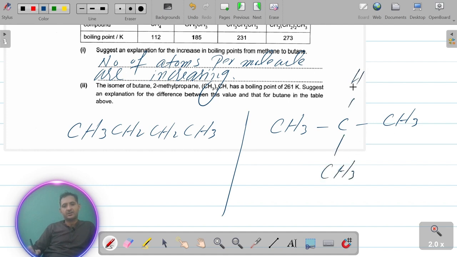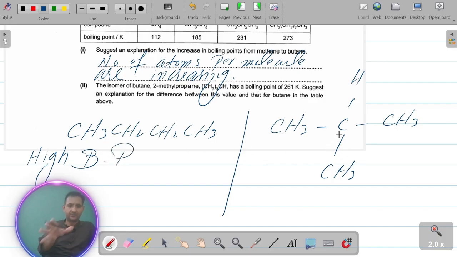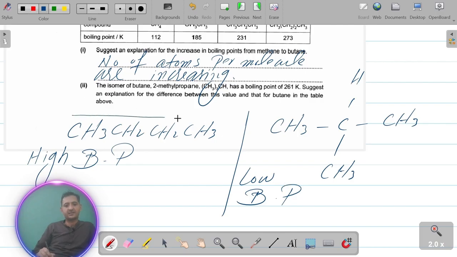Okay, so this one has a high boiling point, and although the number of carbon atoms and hydrogen in both is the same, this one has a low boiling point. So what is the reason? We can say this has a higher surface area, and here we can say a lower surface area.